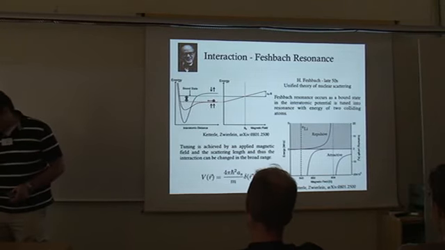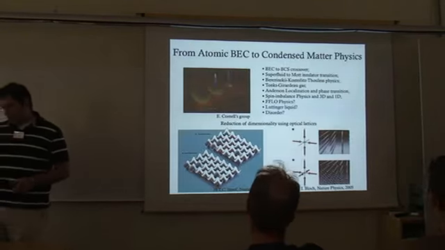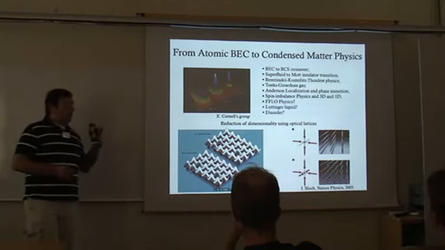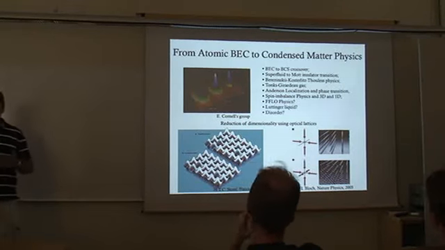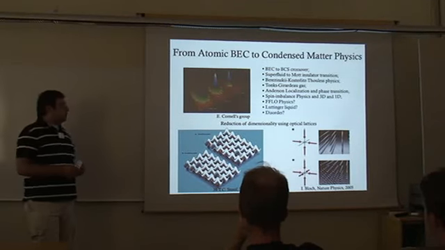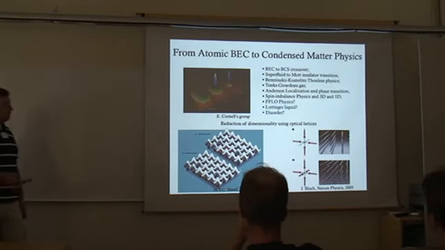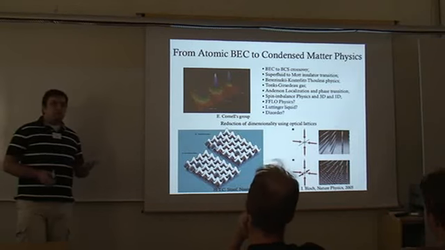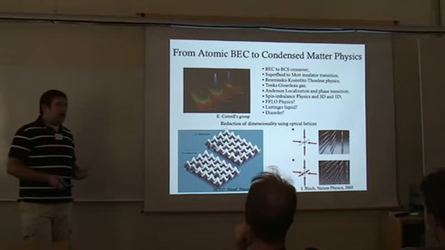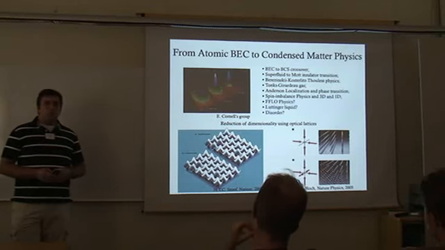So one more aspect of the setup will be how to really make it resemble condensed matter systems, like lattice type models. And this can be achieved using optical lattices, which are standing waves made of counterpropagating laser fields, and they act as a periodic potential for atoms.